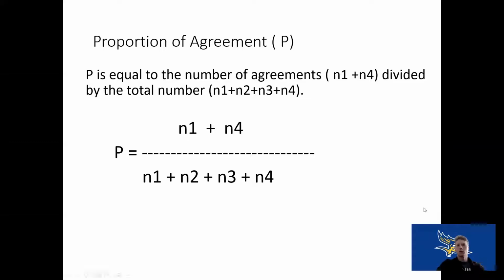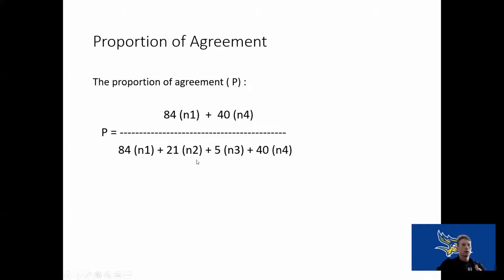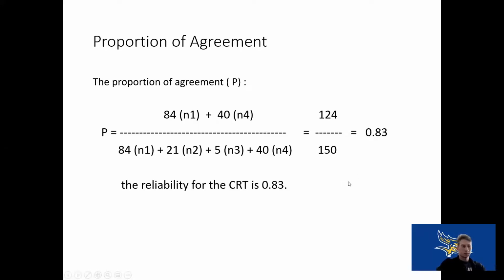We look at how often we have pass-pass and fail-fail, divided by the total number of possibilities: the total pass-passes, fail-fails, pass-fails, and fail-passes. In this case, we have 124 agreements out of 150 possible cases, which gives us a proportion of agreement of 0.83. So the reliability of this criterion-referenced test is 0.83.